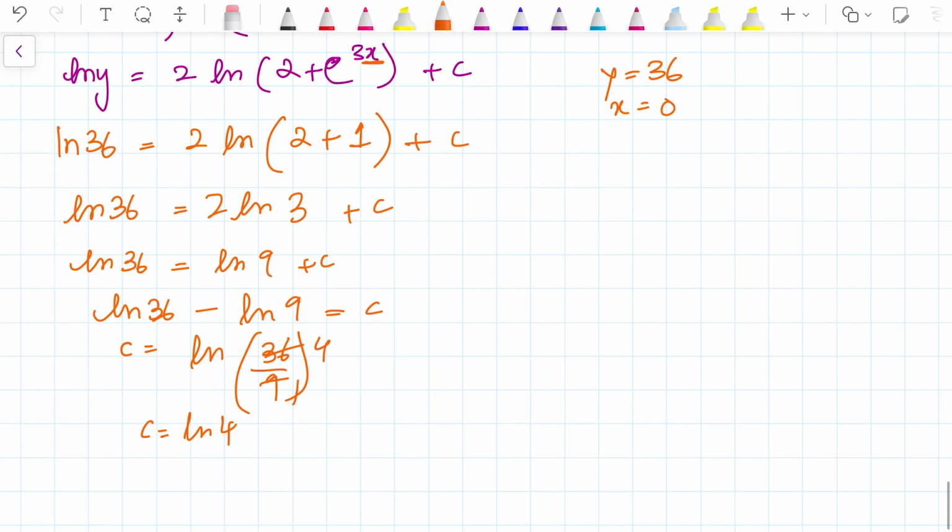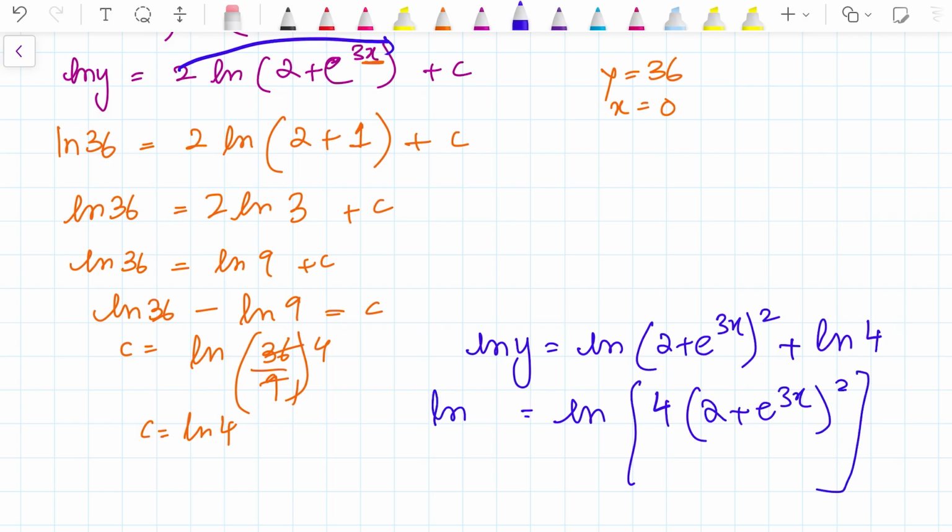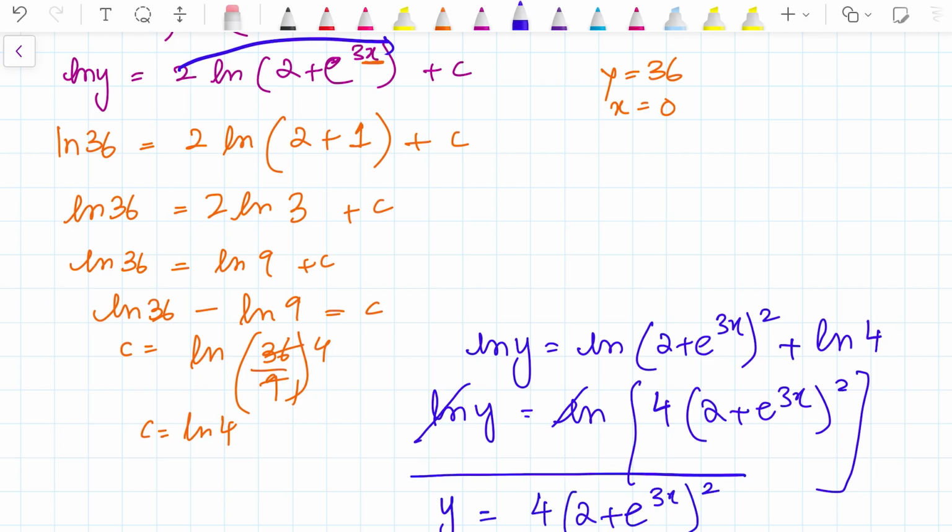Now put it back in the original equation. Ln y equals to ln 2 plus e 3x the whole square. I'm putting the square here plus ln 4. Taking ln common out. This becomes ln y. Ln cancels out. This becomes my complete answer.